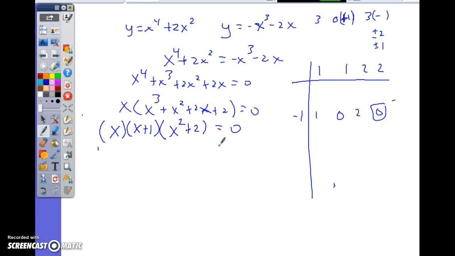Okay, wait, go back. I'm going to divide x cubed plus x squared plus 2x plus 2 by x plus 1. How do I do that synthetically? I go 1, 1, 2, 2. And then what do I put over here? Not a 1, I put a negative 1. What makes this a 0?